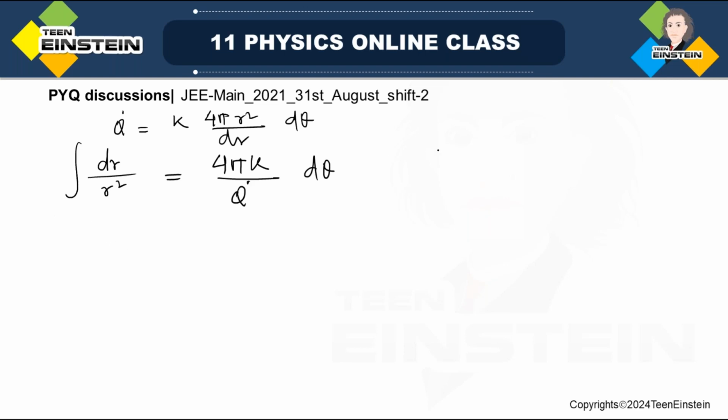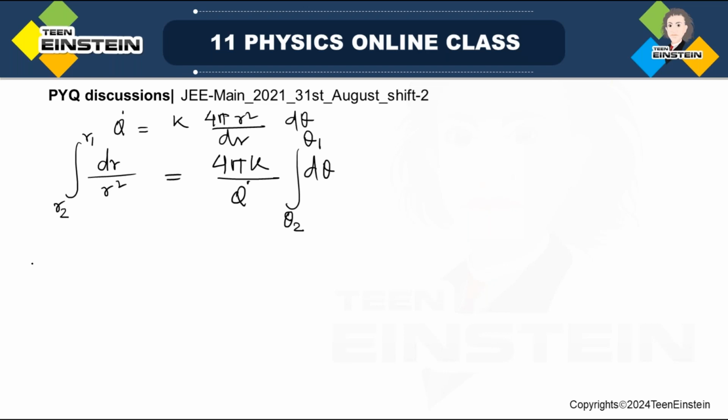Since the heat flow is happening from out to in, I'll write here r2 to r1, and here theta 2 to theta 1, because heat flow always happens from high temperature to low temperature.